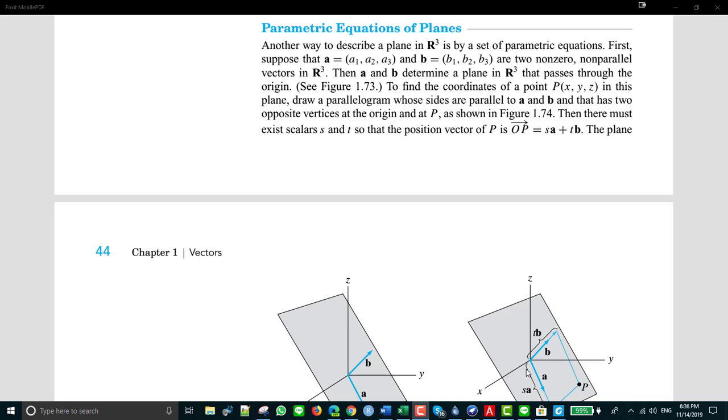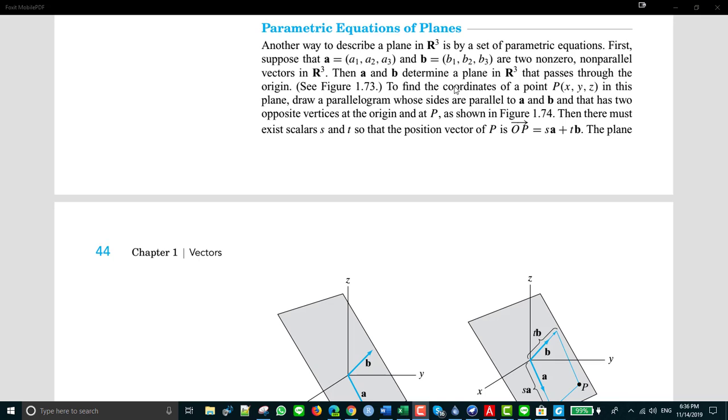So take some multiple of B and then some multiple of A, and that will take you to P. So any point P in the plane can be written as a combination of a multiple of B plus a multiple of A. So we'll say T times B and S times A.